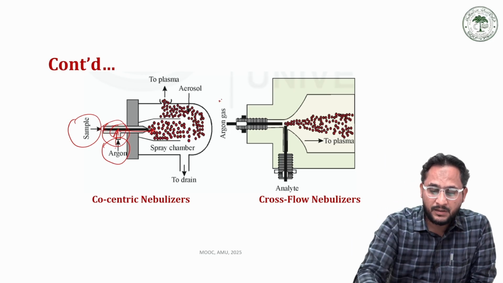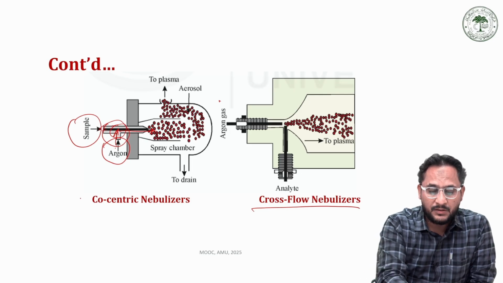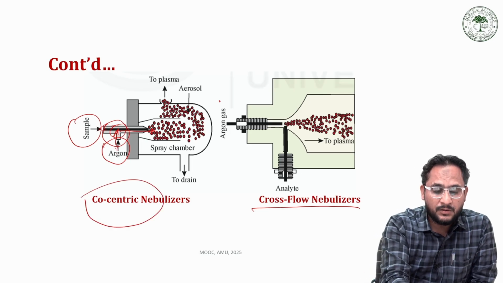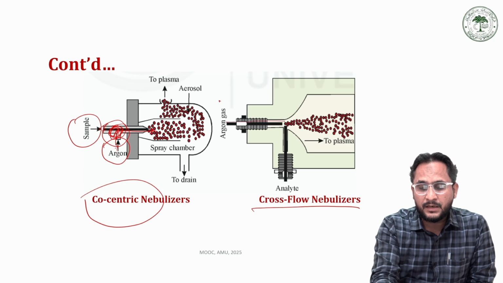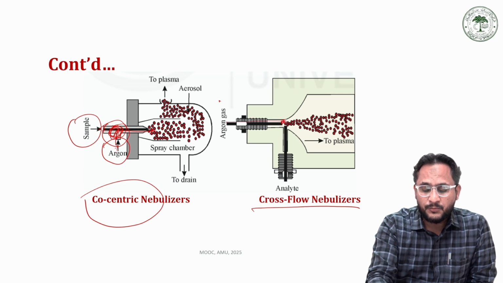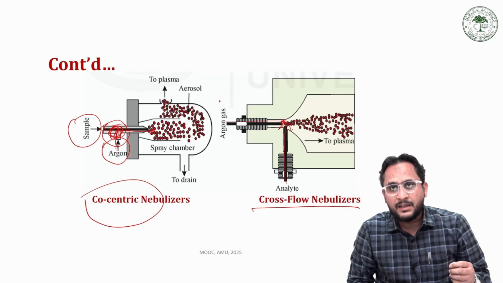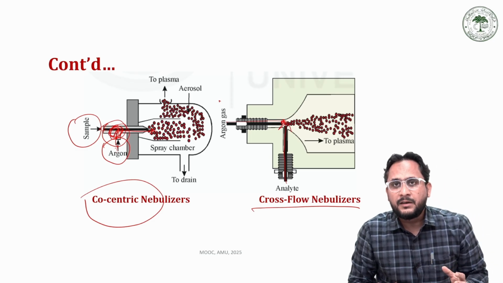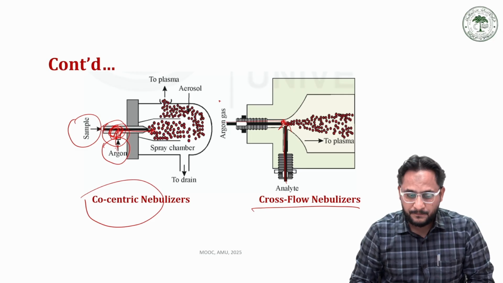This is called concentric flow, because both the argon gas and the sample are injected into the same tube. While in the cross flow, argon gas is injected directly from this point, while the sample comes at 90 degrees, and then they meet in the spray chamber and form aerosol. This is the only difference between these two. Otherwise the principle is the same.